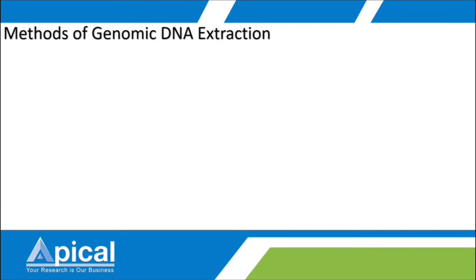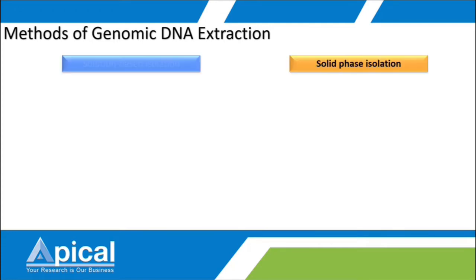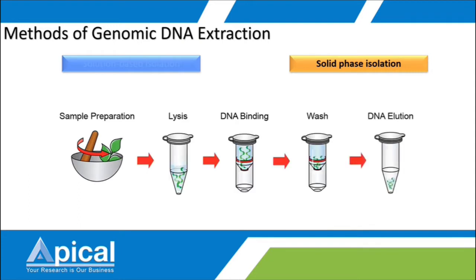To avoid the possible yield and purity problems, nowadays the solid phase isolation method is more favorable. In solid phase isolation, first it will involve the lysis of the cell, then continue with the binding of the DNA to the solid phase, which is the silica spin column or the magnetic beads.